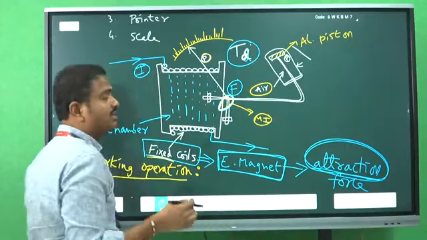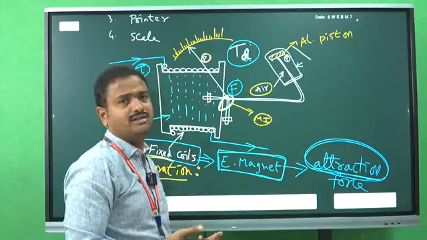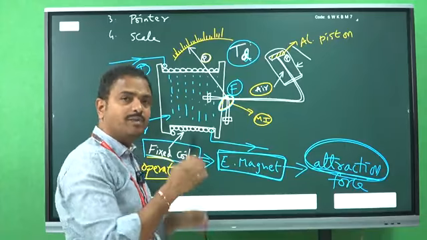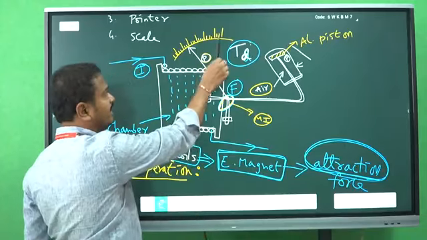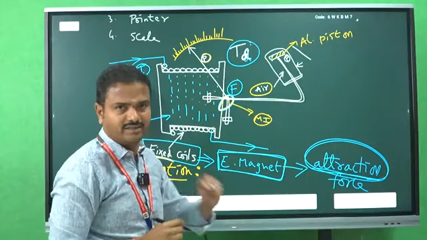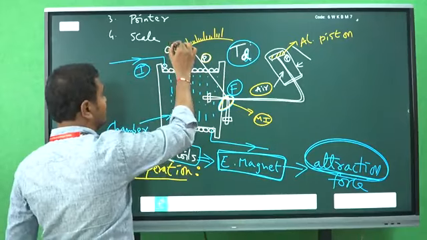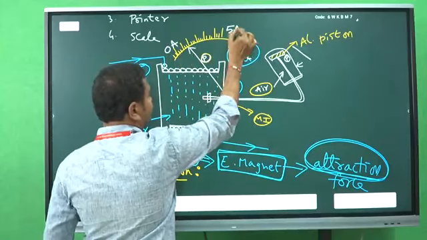Now the second one is controlling torque. What is controlling torque? Controlling torque is required to stop the pointer at the final, accurate value. For example, say this ammeter range is from 0 amperes to 5 amperes.